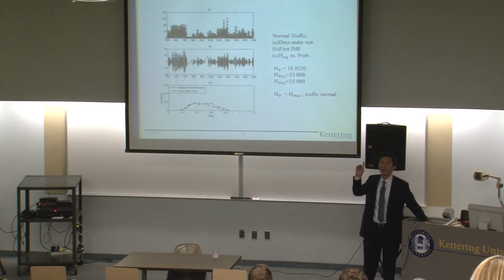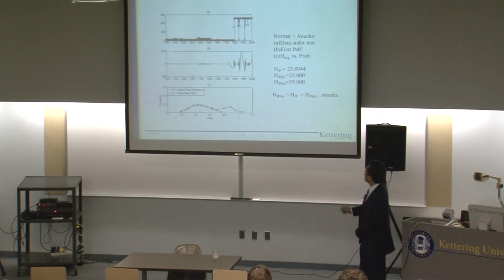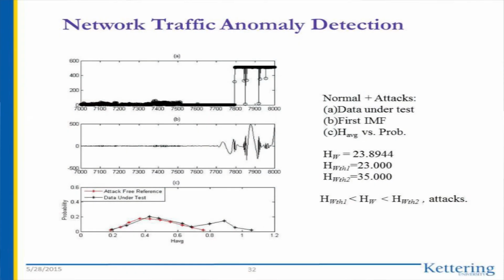I should mention that the attacks we are specifically addressing are DOS, denial of service attacks. Now, here's another example. If you look at the original data, remember the y-axis represents the number of connections to a node.